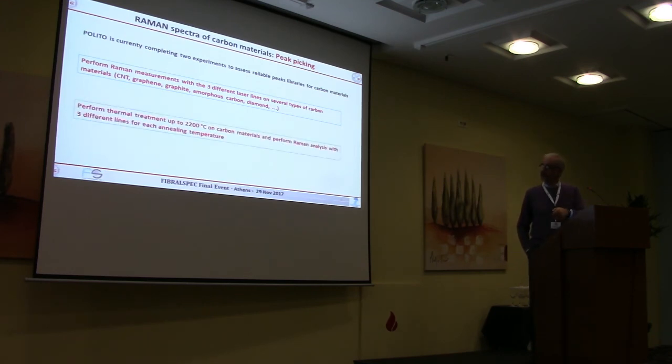We also perform treatment up to 2200 degrees in order to follow the evolution of Raman lines. This is going to provide us with a consistent and reliable set of peaks that we can use for every kind of disordered carbon.